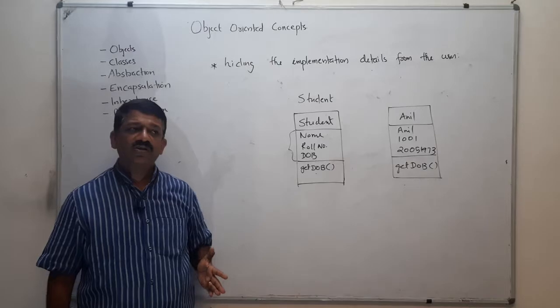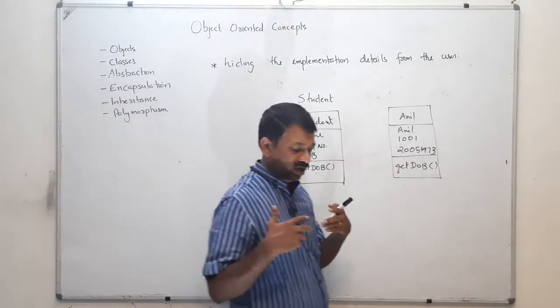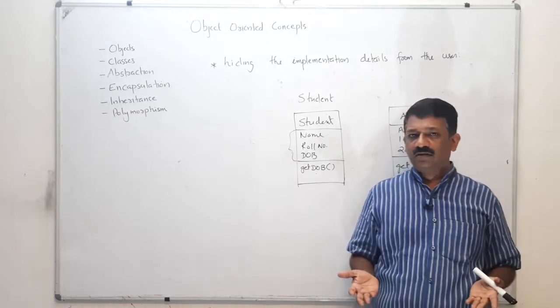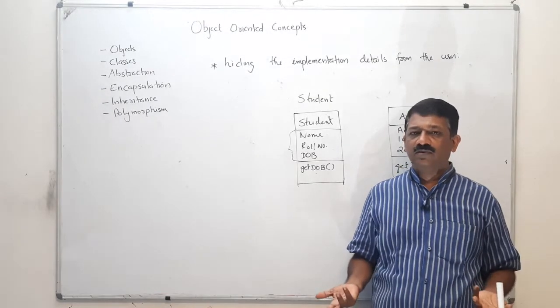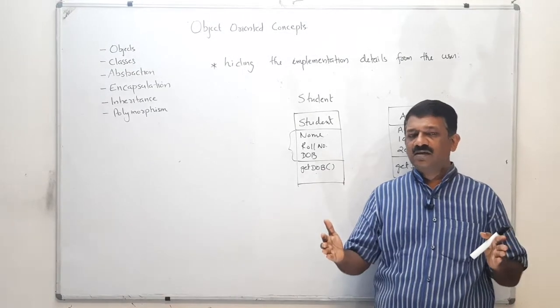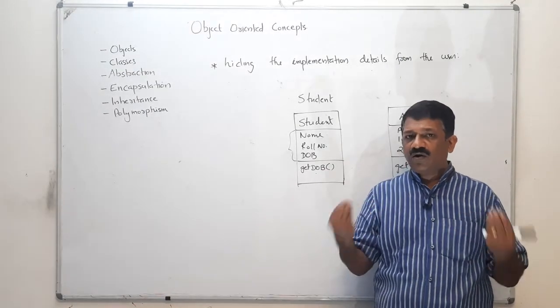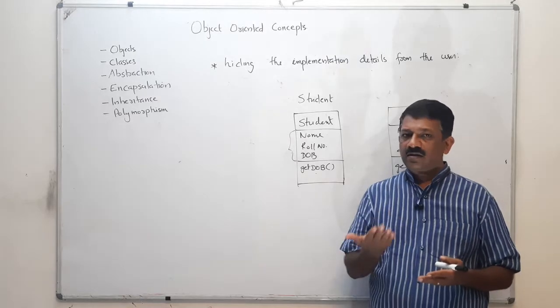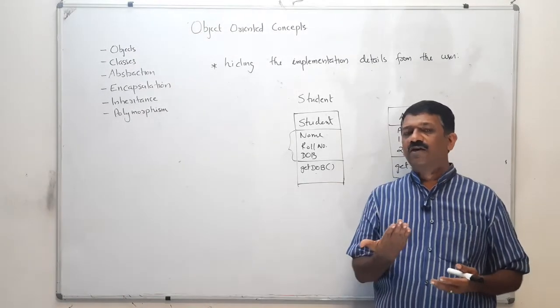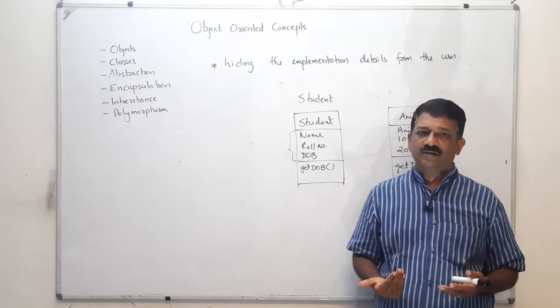That means the user of a TV need not know the repair of that TV. You are using a computer, with the features which you want, or a mobile, everybody is having a mobile, and the user of that mobile need only know how to operate it.